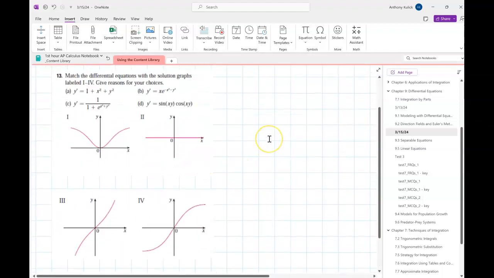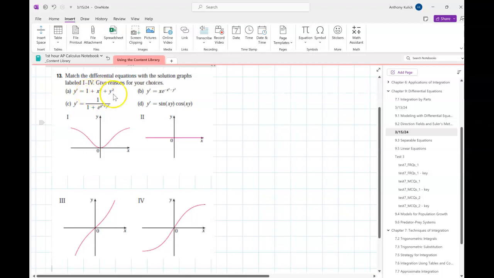All right. Here it says match the differential equations with the solution graphs and then give reasons for your answers. So what I would look for first would be the horizontal line, trying to figure out which one of those is just 0 flat all the time.